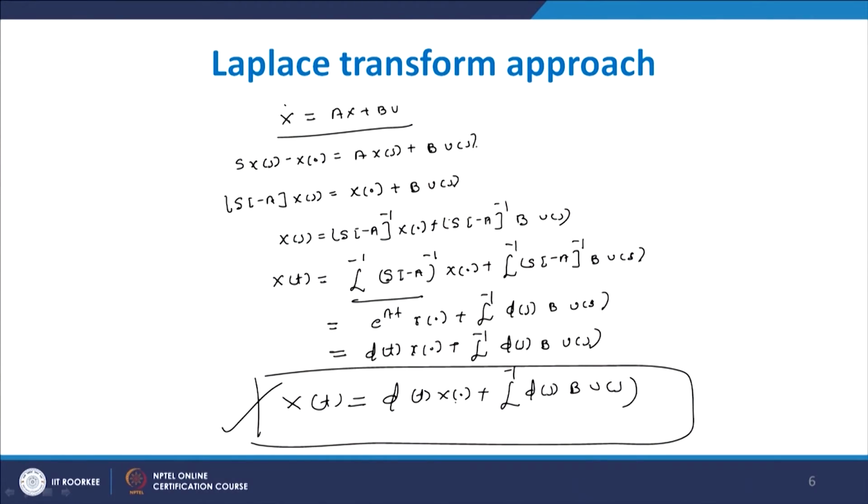So, you can use any of the methods, but as the order increases, it is better to go for the Leverrier algorithm to get the (si minus a) inverse. But if the order is small, say second, third order, you can use the classical approach. That means, finally, this x of t depends upon phi of t into x of 0, and this phi of s b into u of s portion consists of the forced part, and that is the unforced part.